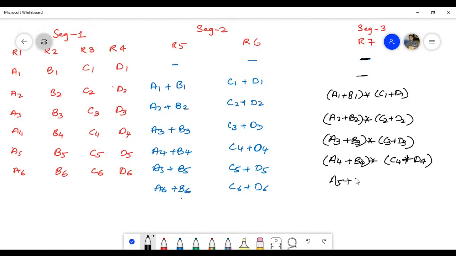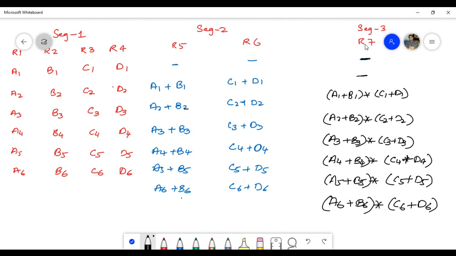A5 plus B5 cross C5 plus D5. A6 plus B6 cross C6 plus D6. This is the content of register R7 in segment 3.